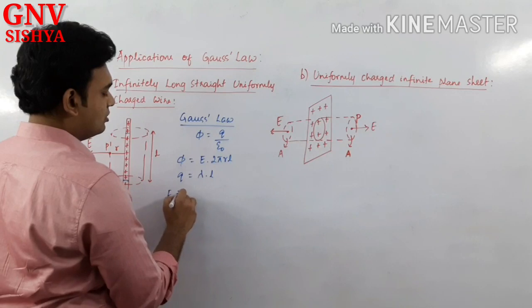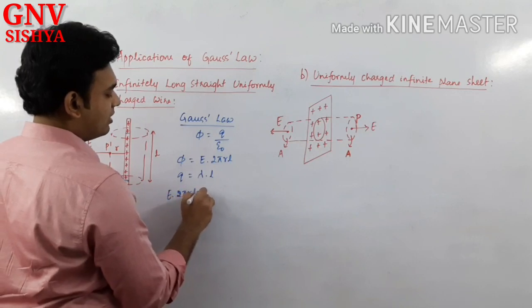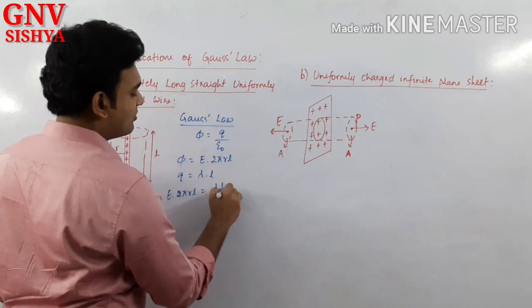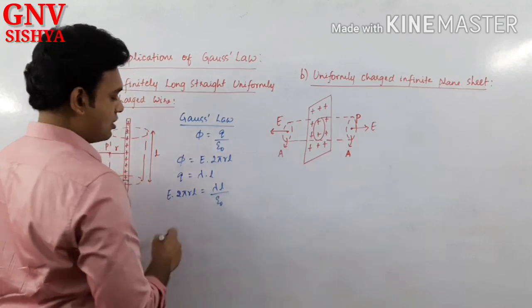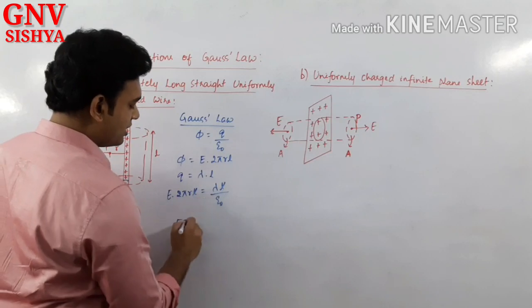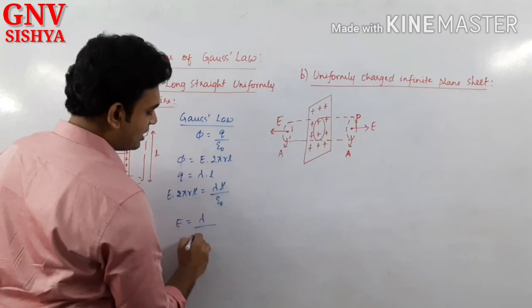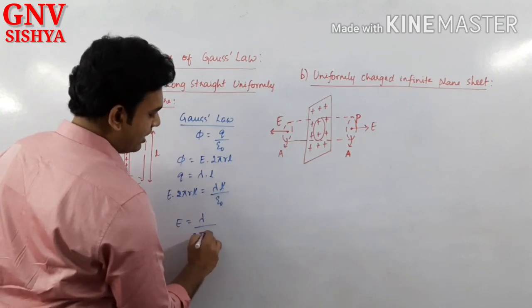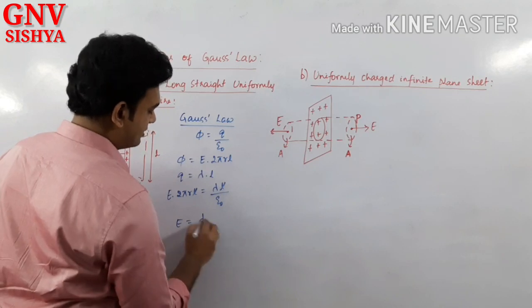E into 2 pi RL will be equal to lambda L divided by epsilon naught. So L will get cancelled. We can take 2 pi R to the other side. So we have lambda divided by 2 pi epsilon naught R.